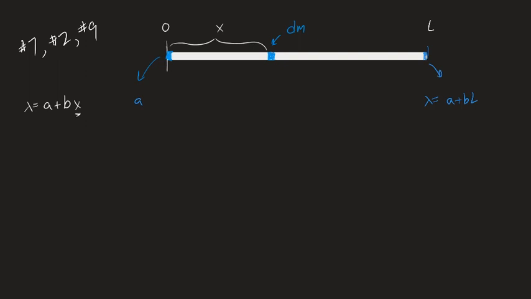I'm going to call the size of this piece dx. And I know that at that point, the density of the bar has to be this expression. So right now, the mass of that piece divided by dx has to be A plus bx. That has to be the density of the bar.